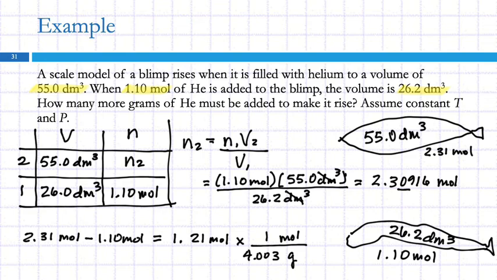So I get 1.21 divided by 4.003. 0.30227. Is that right? It's upside down, isn't it?